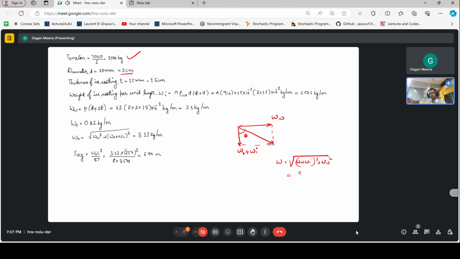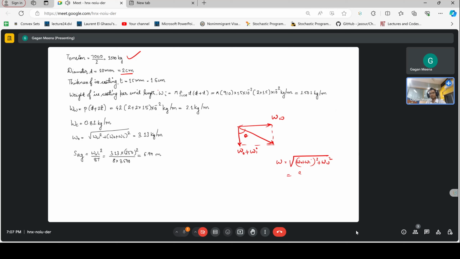We need to find out this theta. Theta is tan inverse of the wind loading over the vertical loading, you can calculate.